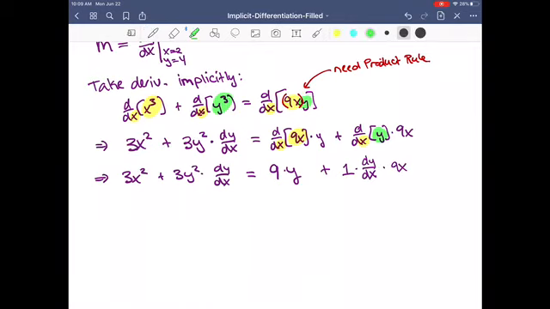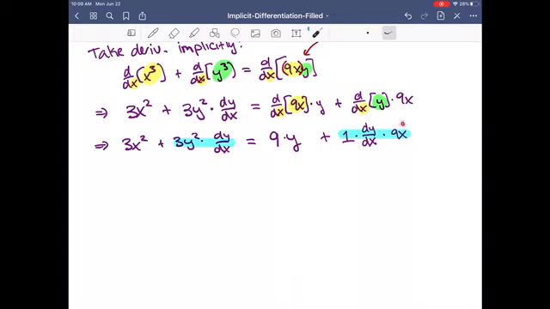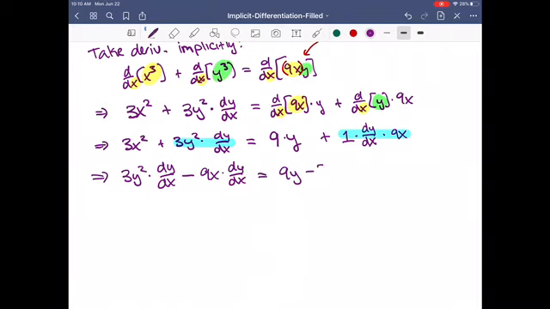Now I see that this term has a dy dx, as does this term. So I want those terms on the same side. I'm going to move this one over here, and I'm going to move this term over here. So that means I'm going to have 3y squared times dy dx minus 9x times dy dx equals 9y minus 3x squared. Then I can factor out the dy dx over here.